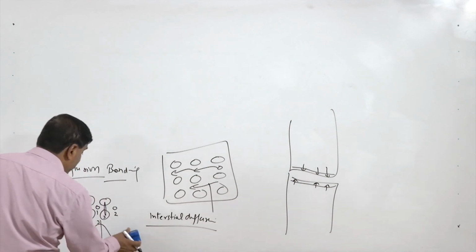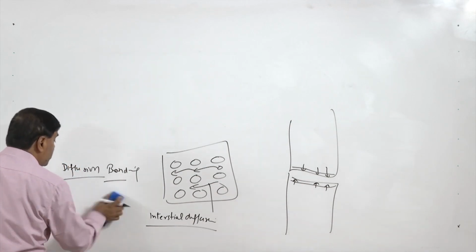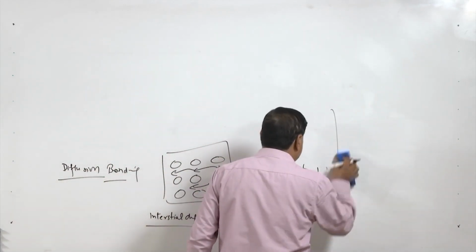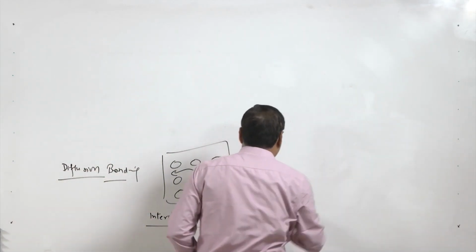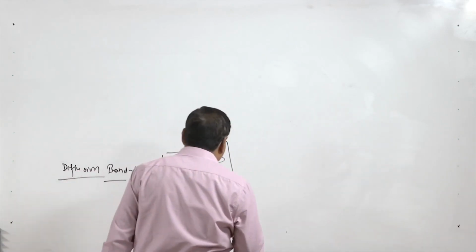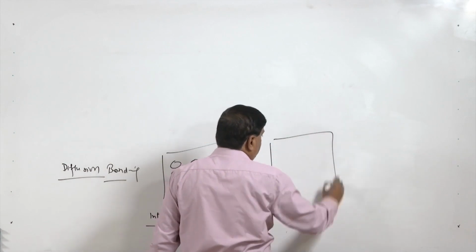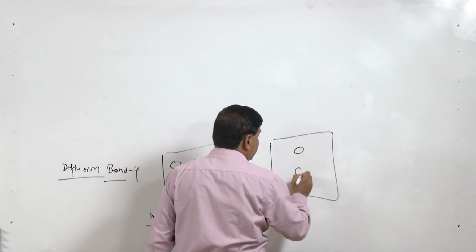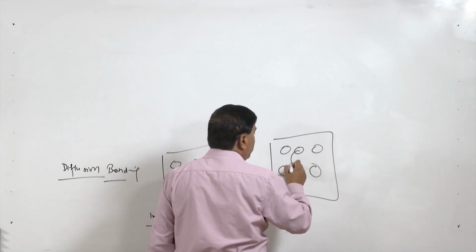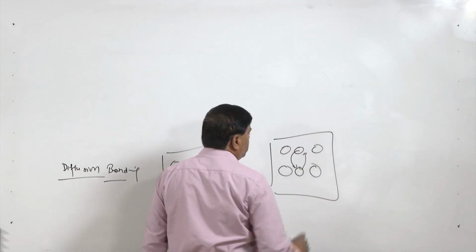The amount of energy required for diffusion to take place will depend upon the way by which the diffusion is taking place. In one case, the diffusion takes place through the exchange of atoms, where these two atoms exchange their positions.